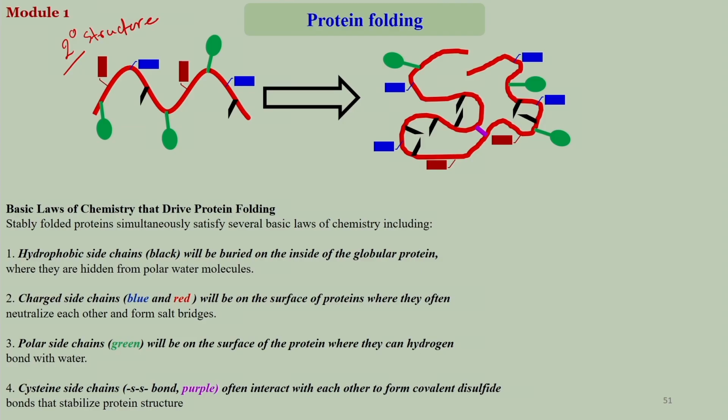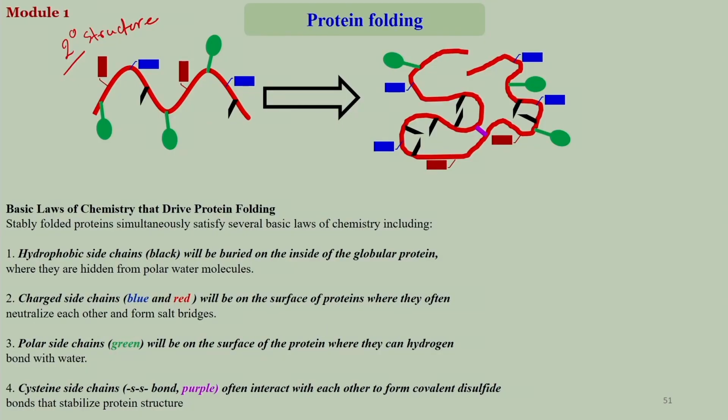They will be on the surface of the proteins, because since they are charged species, they want to interact with water molecules, as water is polar and, of course, the charged species are also polar. So, they would primarily be exposed towards water, and of course, they will have bonding or electrostatic interactions among themselves, positive and negative.